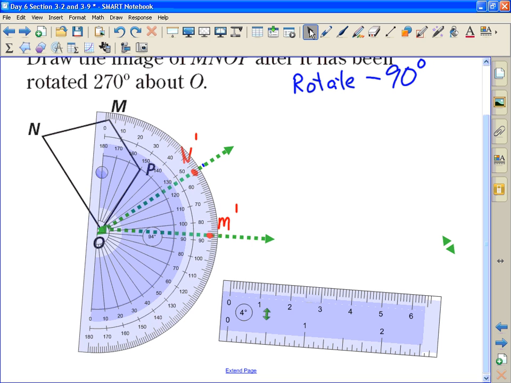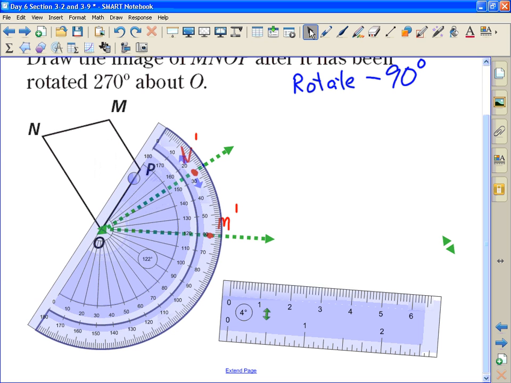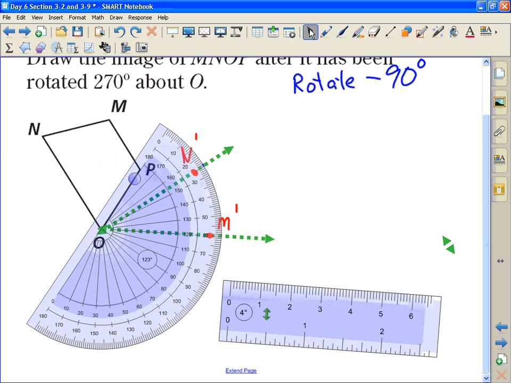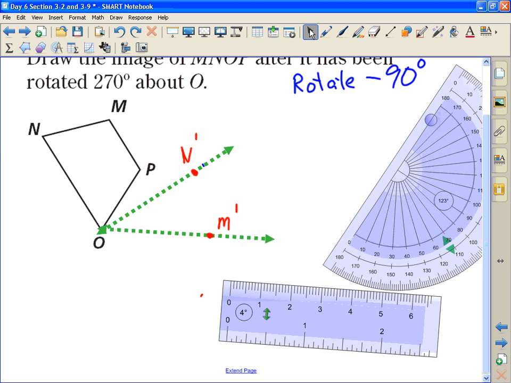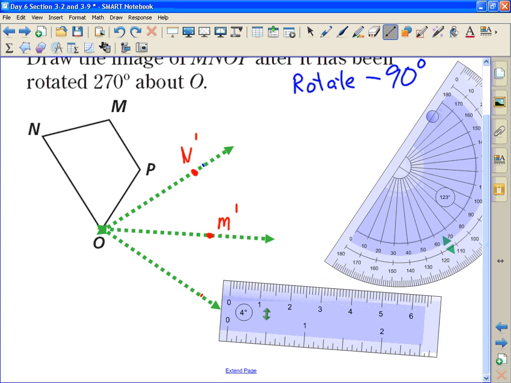Last point I need to do is point P. Again, put my protractor on the center of the hole on point O. Turn my protractor so that 0, 180 goes through P. 90 degrees. Make a mark. Draw myself another green line. I know that point P has to be somewhere on that green line.